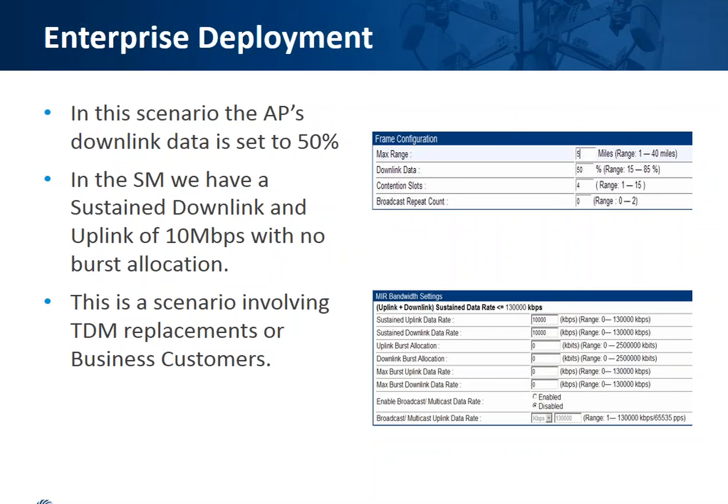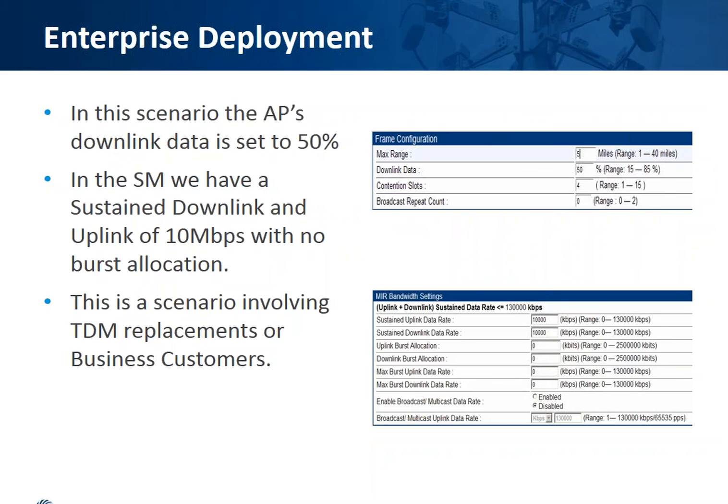So again, this is an aggregate figure. So let's say that the conditions, you had a 100 meg AP, 50 megs would be allocated for going down, 50 megs for coming back up. So in the SM, we have a sustained downlink and uplink of 10 megs with no bursts.